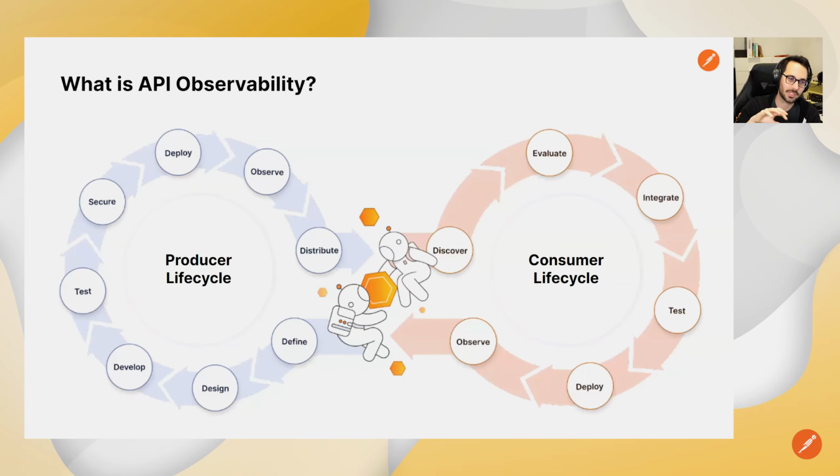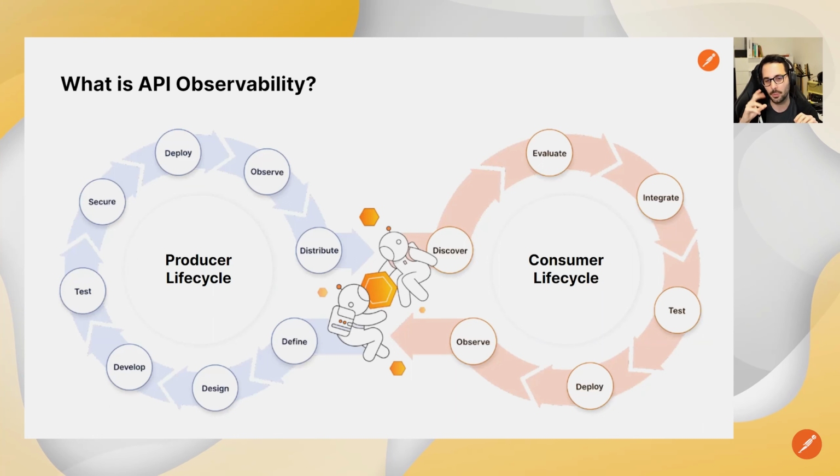And then on the consumer side, the same way, maybe I want to play with a communication API. So I'm going to discover maybe Vonage, maybe Twilio, any communication API. I'll integrate, test, deploy, and then I'll observe the way I'm using that third-party API.